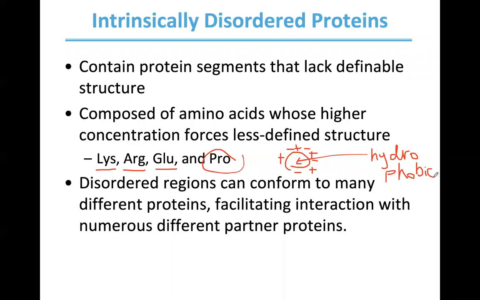Right? And you might wonder what's the advantage of those? Well, they can conform to many different proteins, facilitating interaction with numerous different protein partners. They are, there's a word for it, promiscuous.